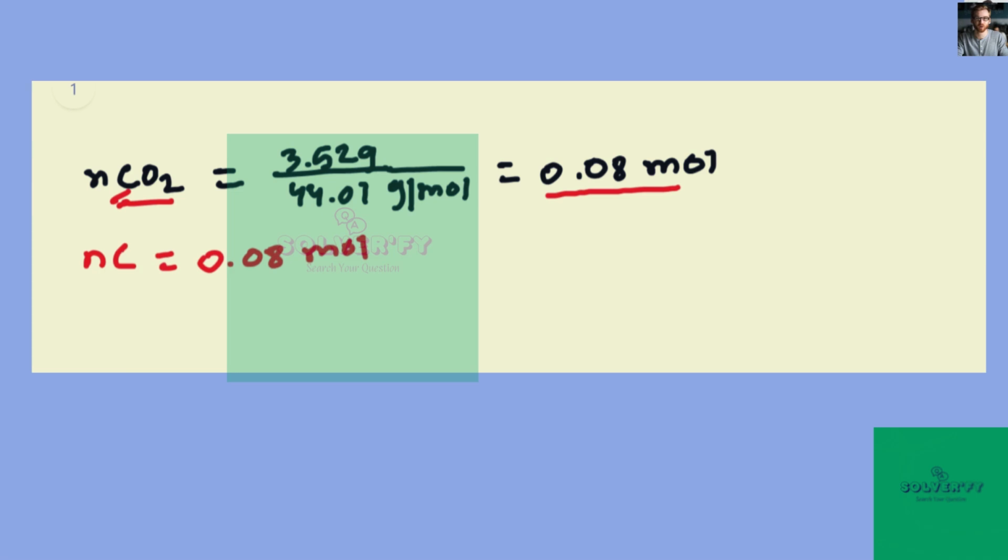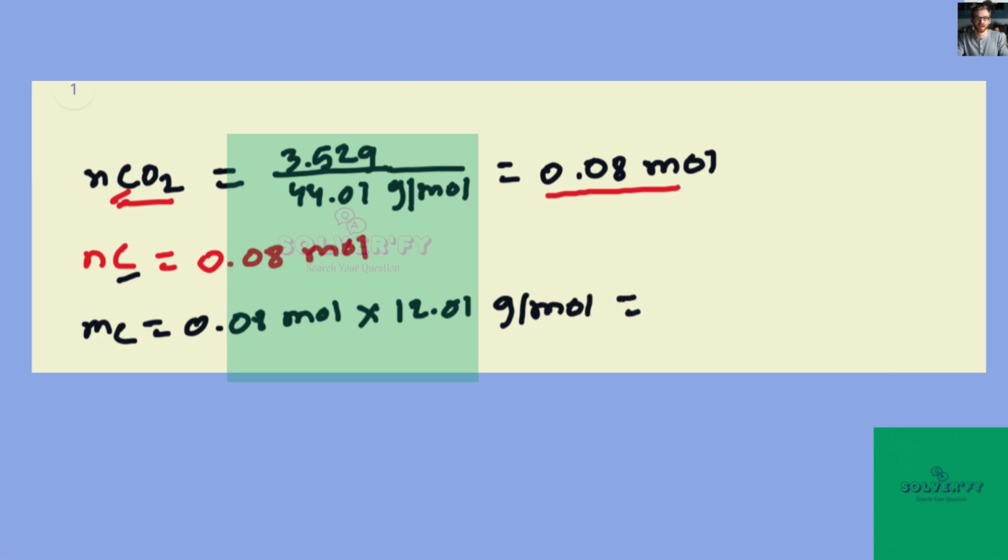Now from here we can find the mass of C in the CO2 produced, which will be simply the number of moles of C times the molar mass of C, which is 12.01 gram per mole, and this will give us a value of 0.96 gram. So this is the mass of C in the CO2 produced.